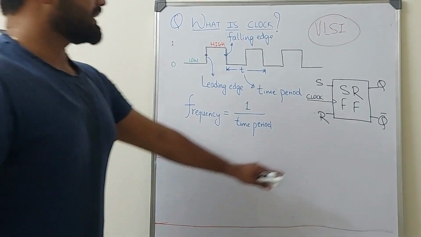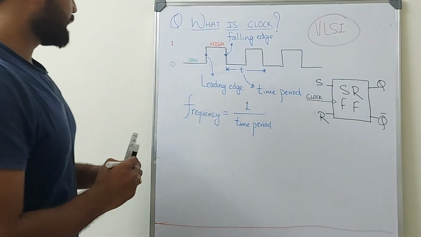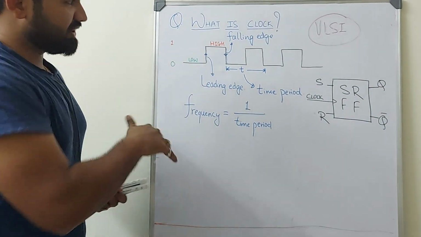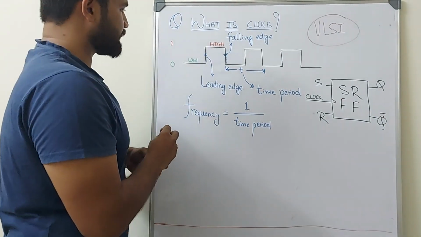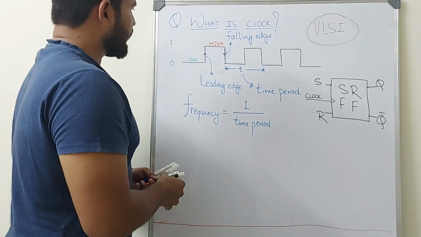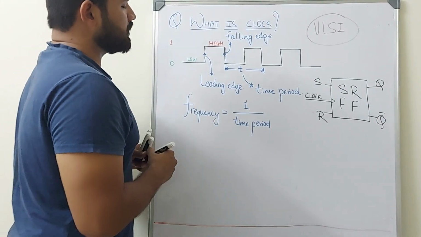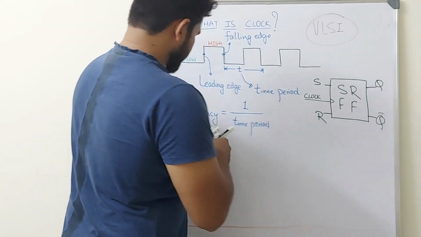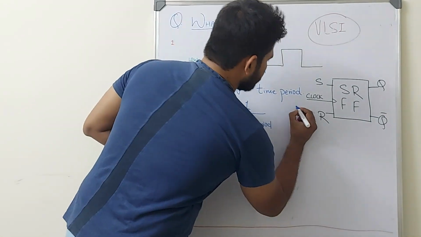This means that now there can be two cases. One is edge triggered and another is level triggered. Okay, so suppose this is the clock that is coming over here.